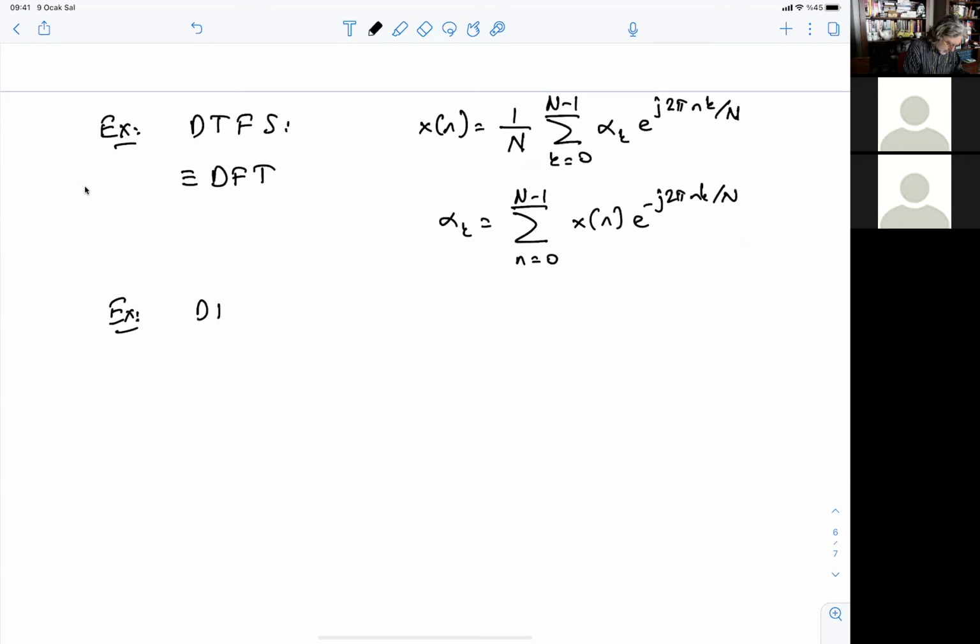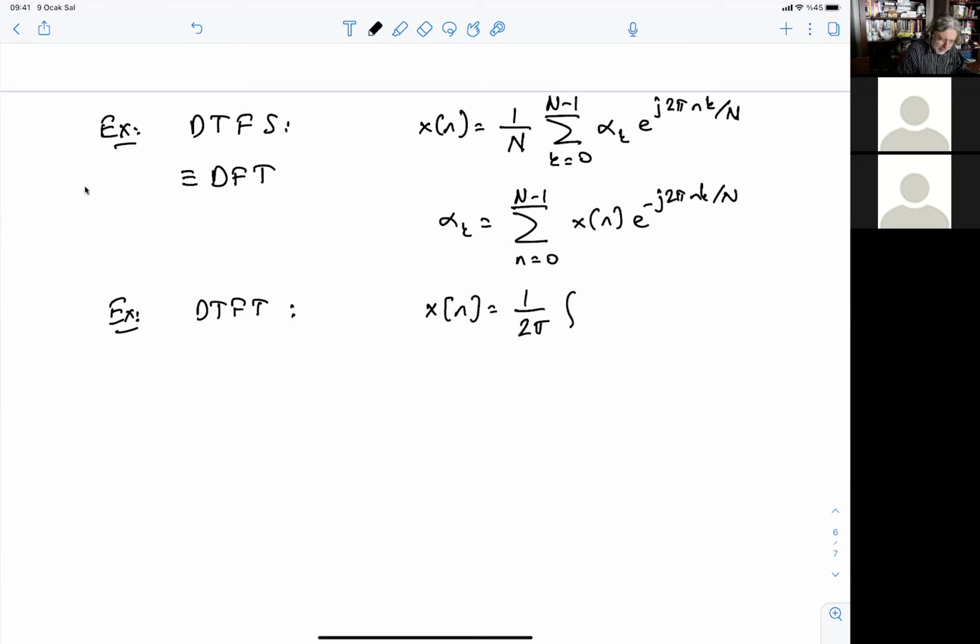Here, discrete time Fourier transform, which has the representation x of n to be equal to, again, because of the normalization issues, we have a 1 over 2 pi, because the basis, again, is not a unit norm.